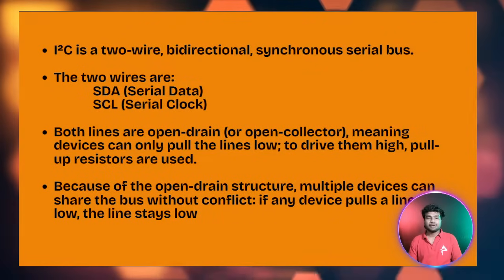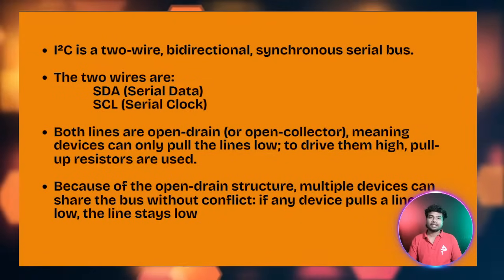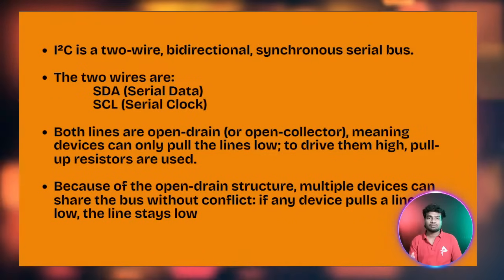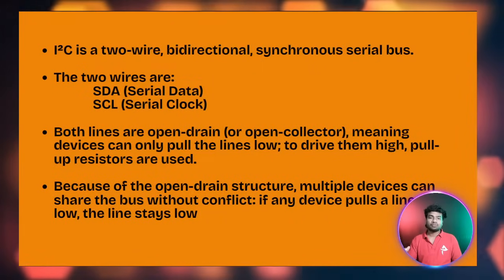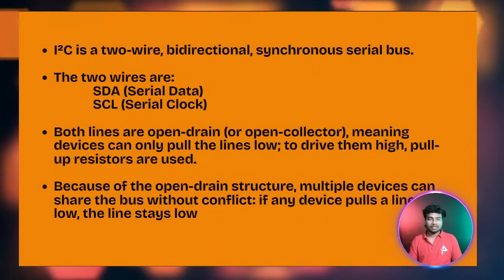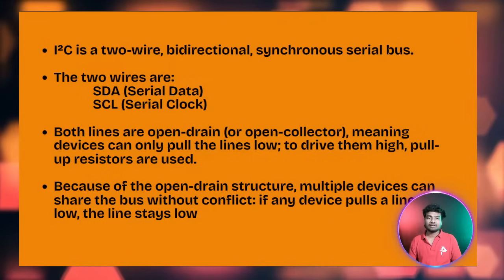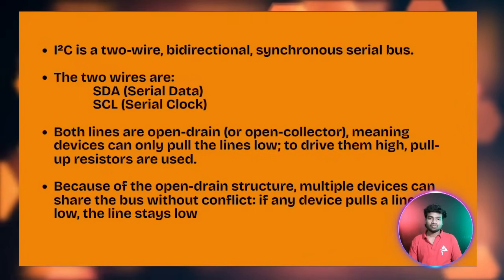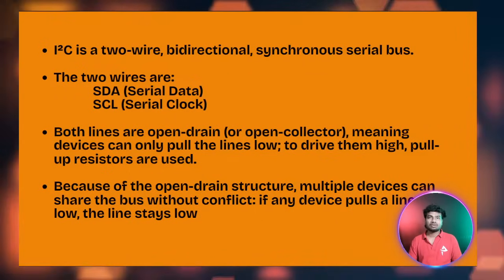Arbitration is a competition between the masters over who will take the I2C bus. If a particular master wants to take the I2C bus, that master device must pull down the I2C data line, and only then will it take the bus to communicate with the slave. This is the main point of arbitration and clock stretching in I2C.